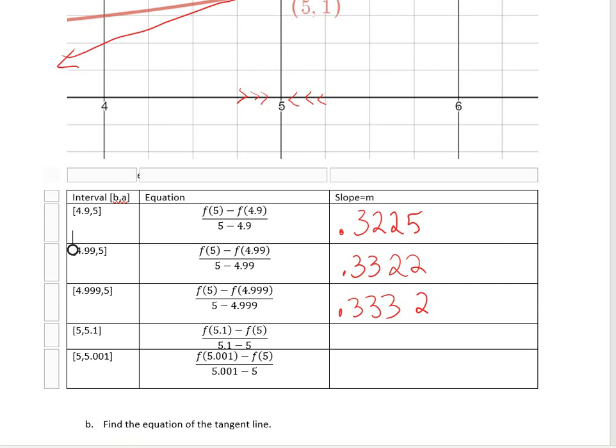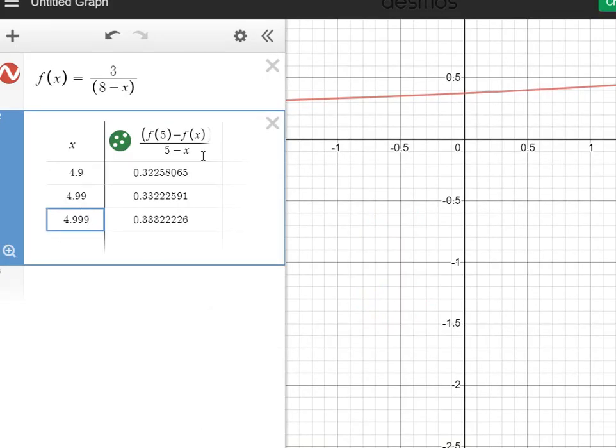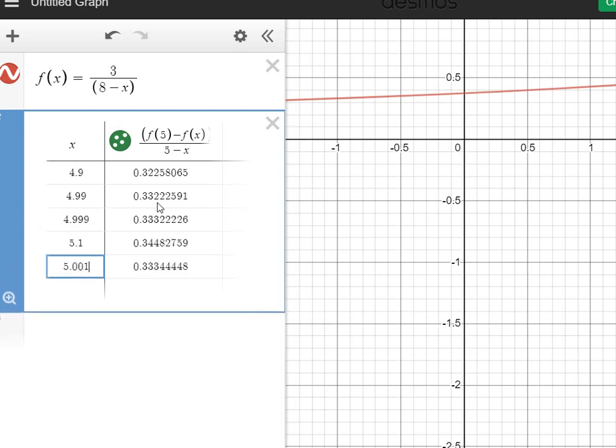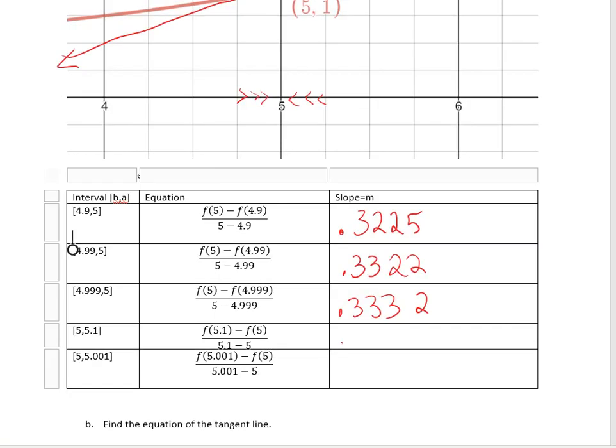So let's plug those in and see what we get. All right, so we get 0.344 and then 0.33.